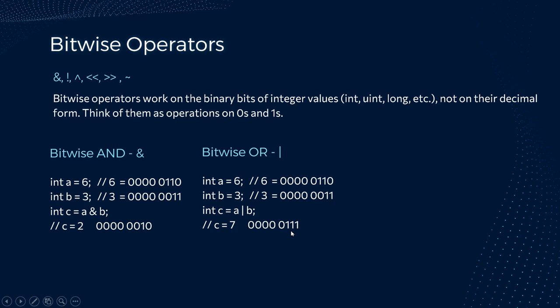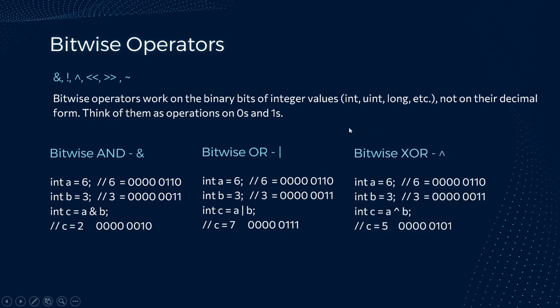Okay, let's move to the next one, that is bitwise XOR. XOR is basically when the digits are different, then it becomes 1, otherwise 0. So here you can see a XOR b. The first one has different digits, so it becomes 1, and we have the same digits 1 and 1, so it becomes 0.